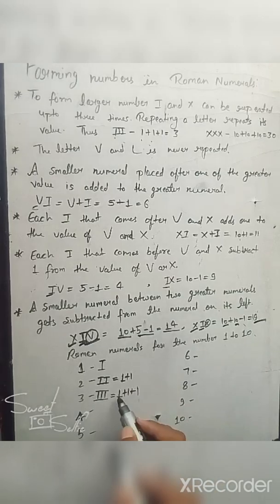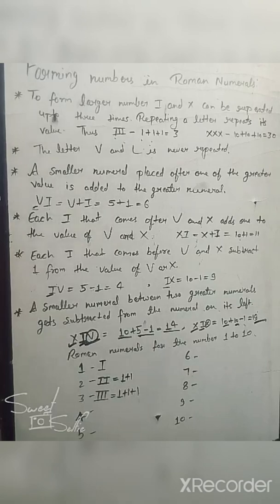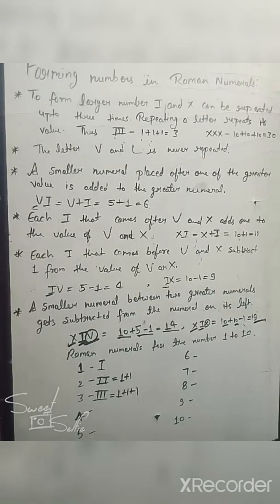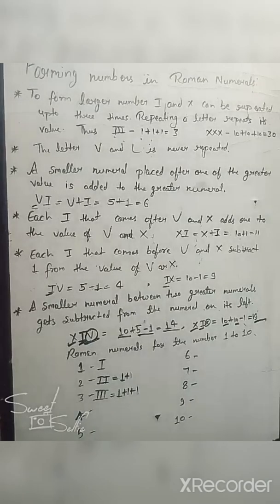And for 4 we know we cannot repeat any alphabet more than 3 times. So what we will do here, we can subtract 1 from 5. So for subtracting I from V, how should we write it?